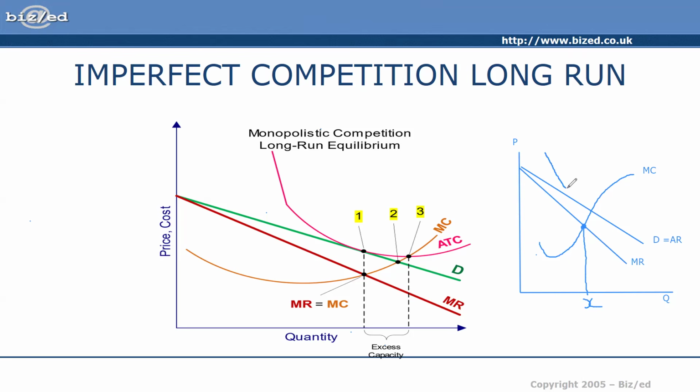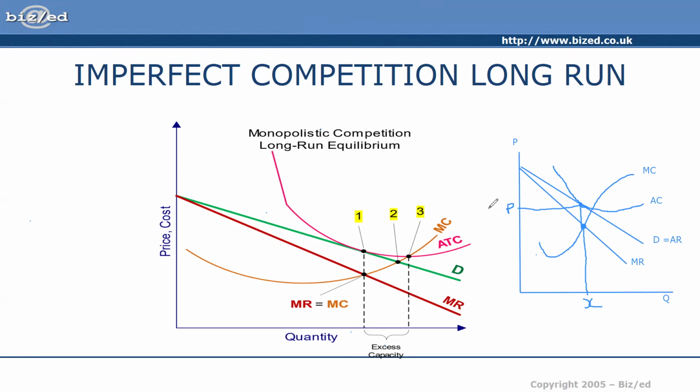So let's say my average cost is here. If I go straight up from when I produce X, I go straight up to my cost curve. My average cost and my average revenue are equal, both of them touching at that point. That means they are equal, and because they are equal, I'm making normal profits.